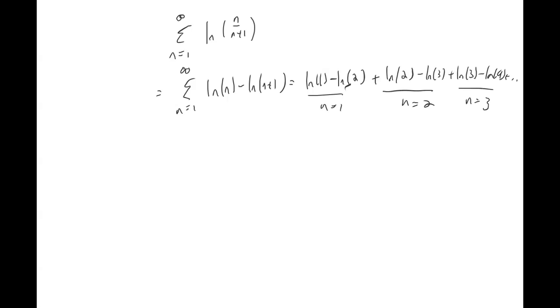And sure enough, you see here ln of 1 will always stay, which is 0. That doesn't do anything. And you keep getting higher and higher things. You're going to get ln of a really big number, or negative ln of a really big number, since there's a negative here.